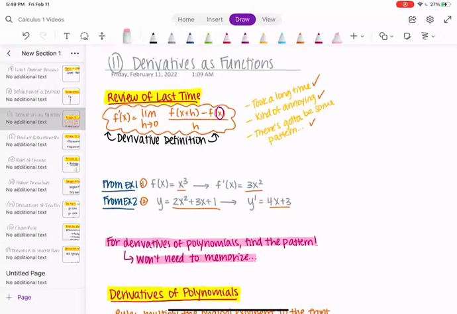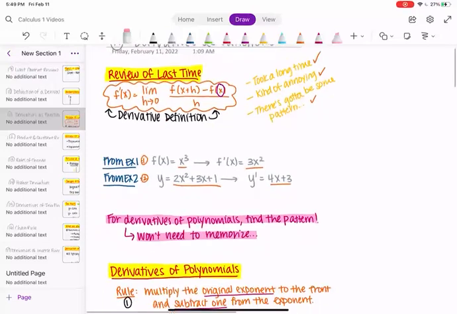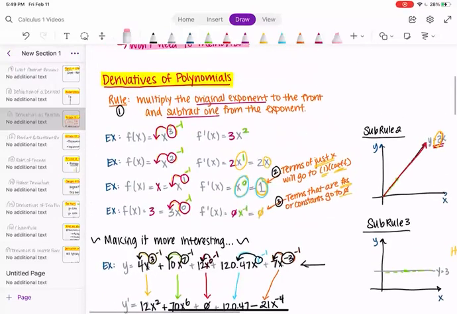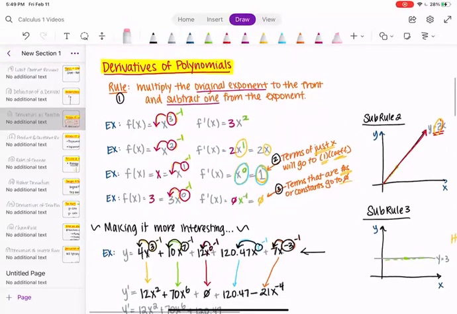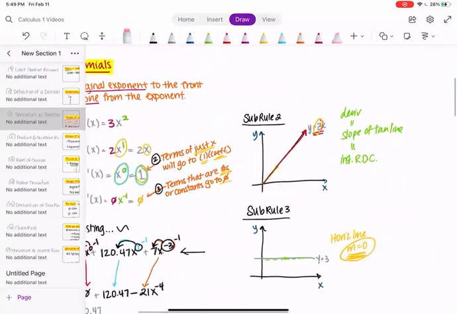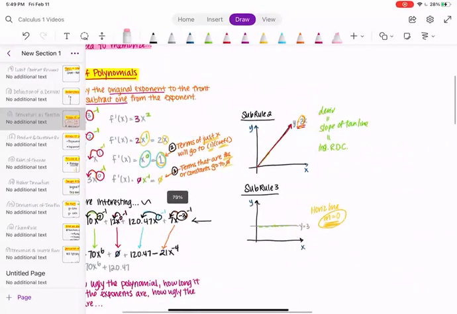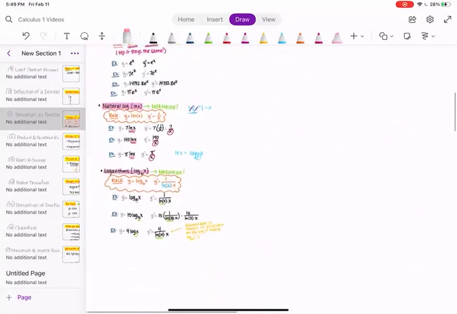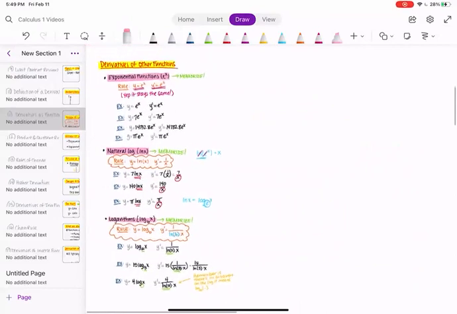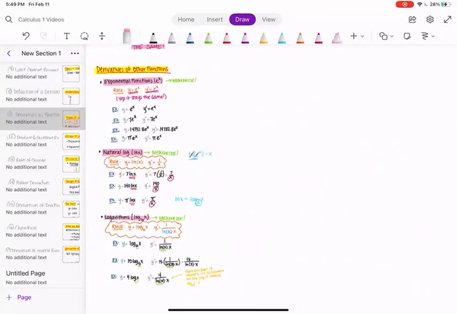But I guess my parting piece of advice for this topic in particular, don't necessarily memorize the derivative of polynomials, because you can pretty easily logic through how those rules work. But for more complex ones, like these three, honestly, my recommendation is to write them on a note card and memorize them, right? Because that's the fastest way.